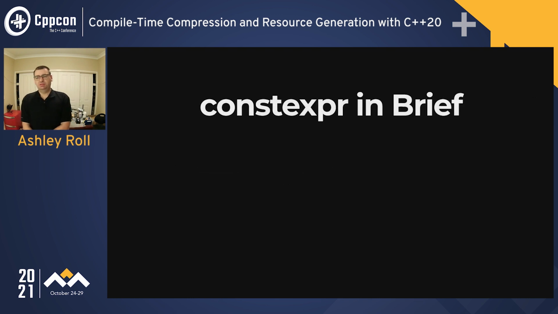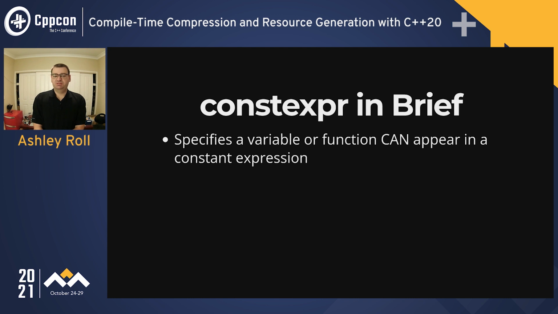So we'll start with a very, very brief introduction to constexpr, and I'm sure some other talks today have already covered a lot of this stuff. Especially, I'd recommend going and listening back to Jason's talk earlier this morning. So constexpr, basically, it specifies that a function or a variable can appear in a constant expression.